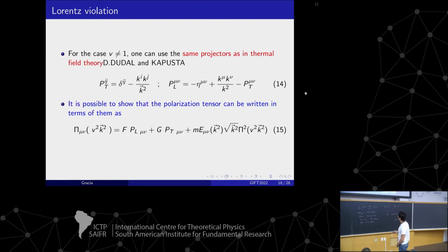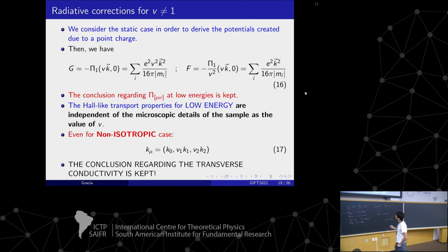That's the simple part. In the simple part, okay, we have this expression. But if you want to talk about physics, we need to find it explicitly. And I will look at the static limit to find the potentials. Then it's important to find the explicit expressions, okay? The conclusion regarding the transverse conductivity is the same for relativistic and non-relativistic.